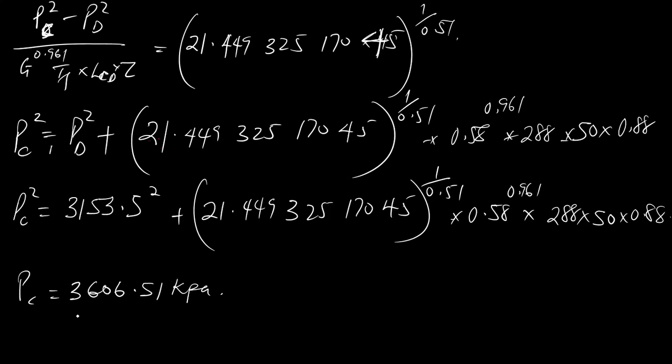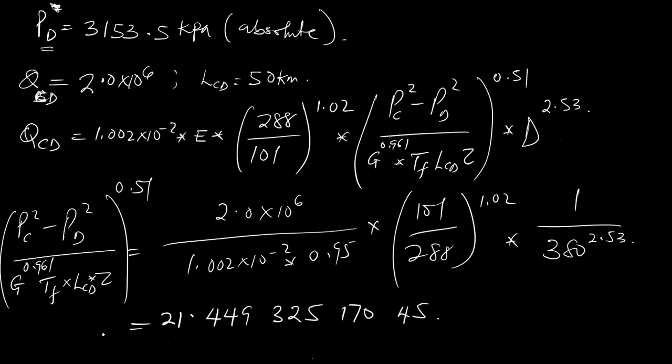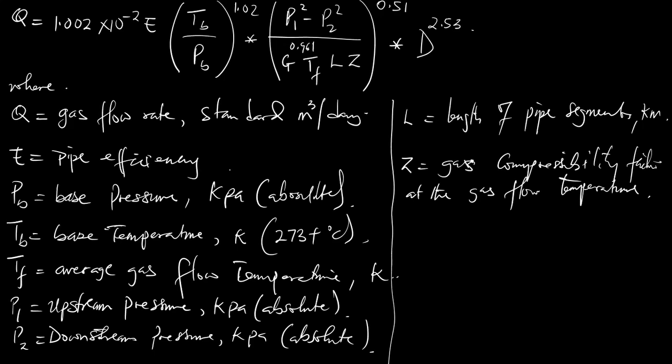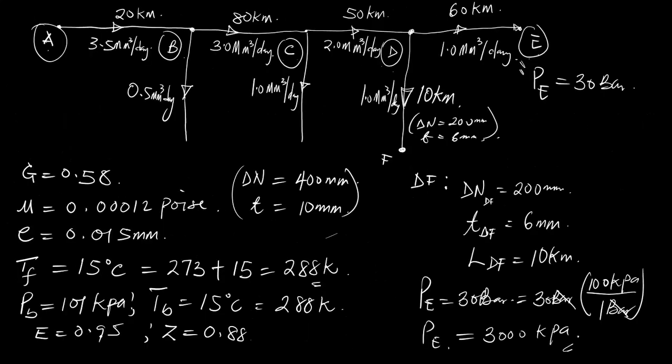Now the pressure at B, we're going to calculate that now. Since we have gotten the pressure at C, the pressure at B will now be, using the same formula, we now have to go back. Here is 3.